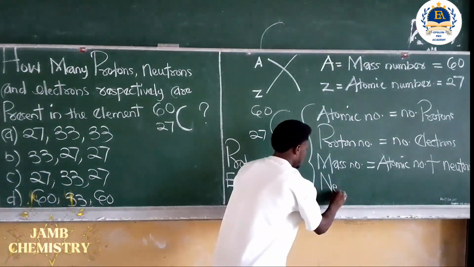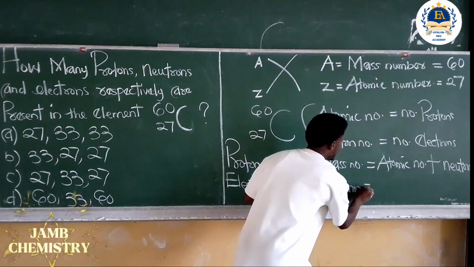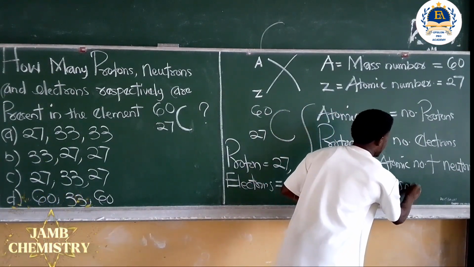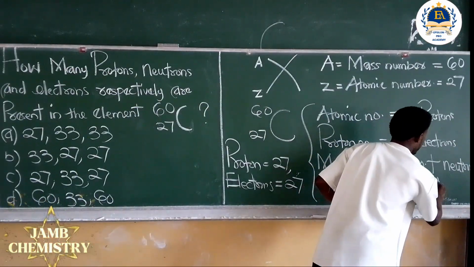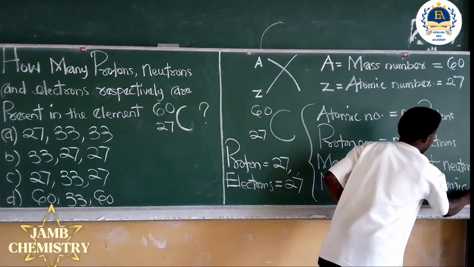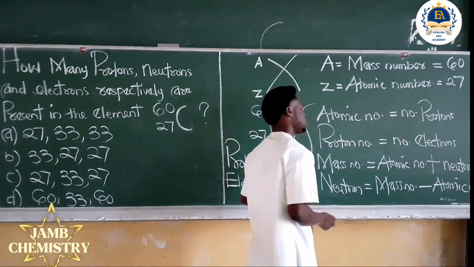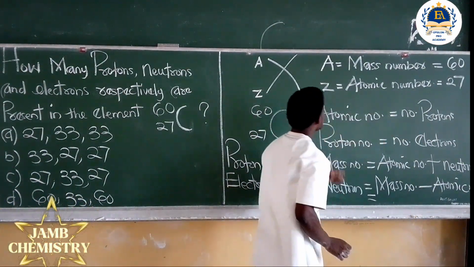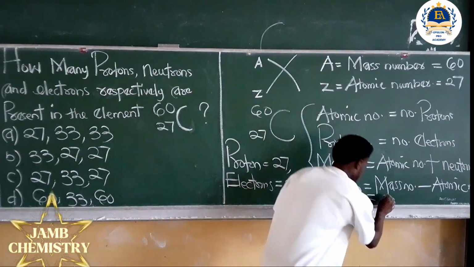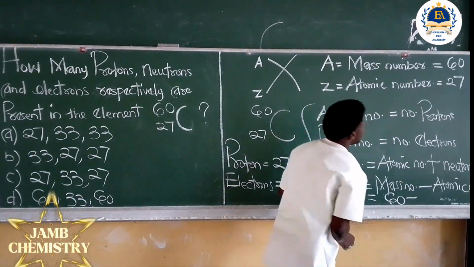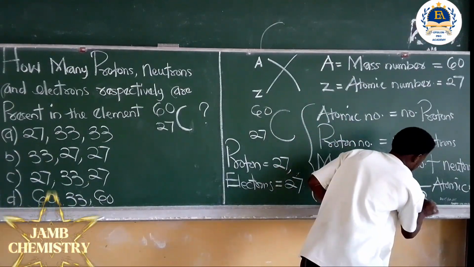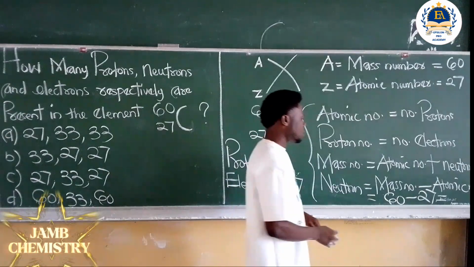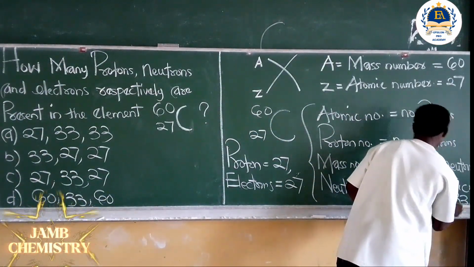So neutron is equal to mass number minus atomic number. Mass number minus atomic number, and that is equal to the mass number given as 60 minus the atomic number 27. This is equal to 60 minus 27, which gives 33.